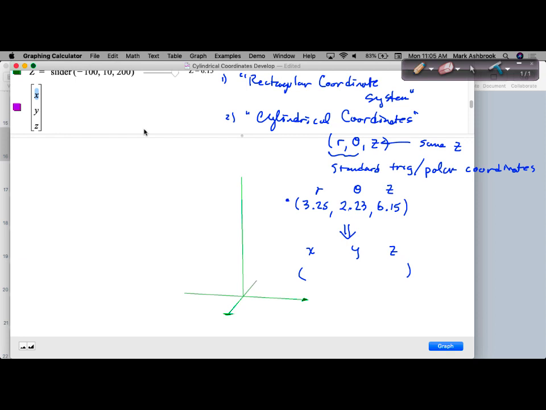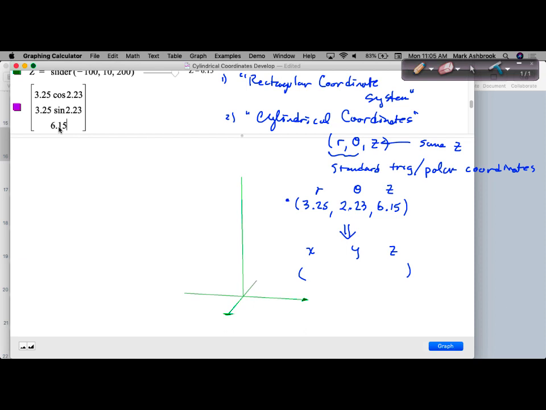Yeah. So tell me what the x-coordinate is for this particular one. It's 3.25 times cos 2.23. Y would be 3.25 times sine 2.23. And what would be my z-coordinate? Still 6.15.